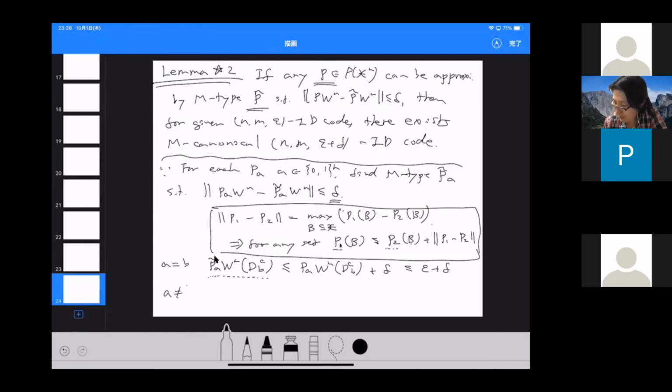And for A not equal to B, similarly, the error probability when we use the M-type is bounded by the error probability of the original code plus the penalty by this approximation. So we can construct an N, M, epsilon plus delta ID code by substituting each PA with an M-type.